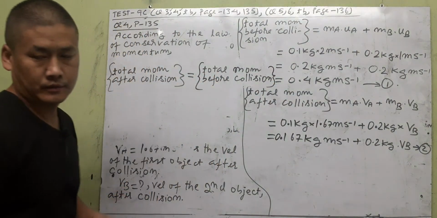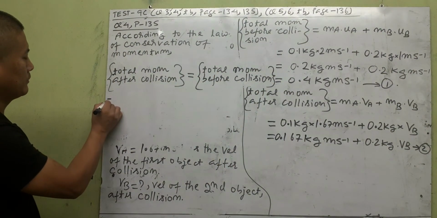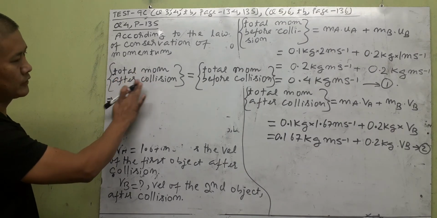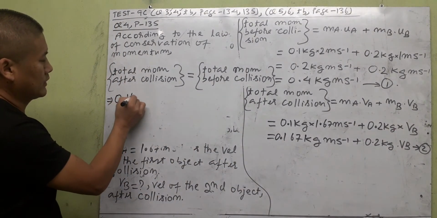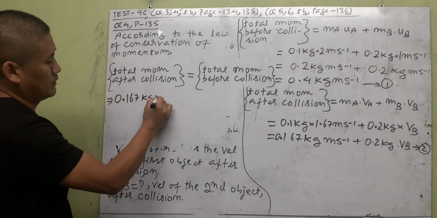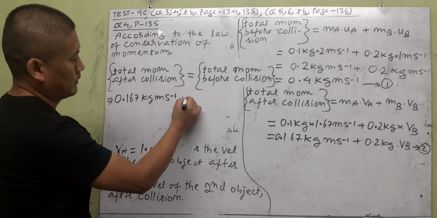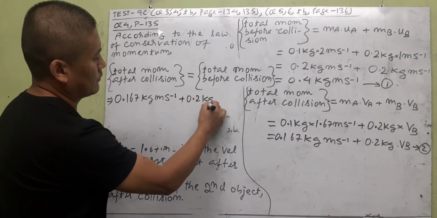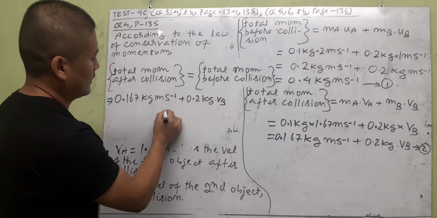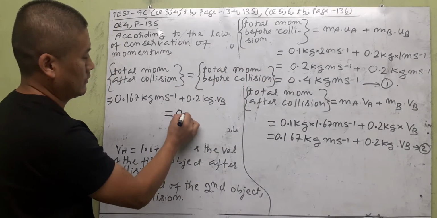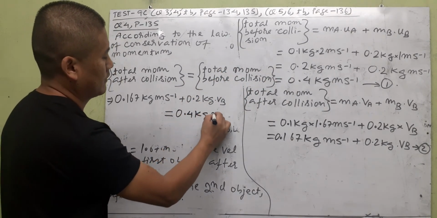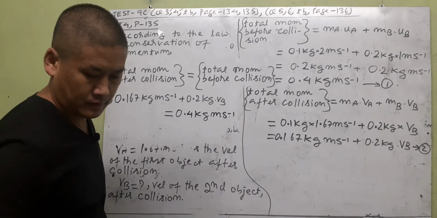So we do that. Then next, that implies total momentum after collision is here. So write that carefully, 0.167 kg meter per second plus 0.2 kg into VB is equal to total momentum before collision, which is this 0.4 kg meter per second.